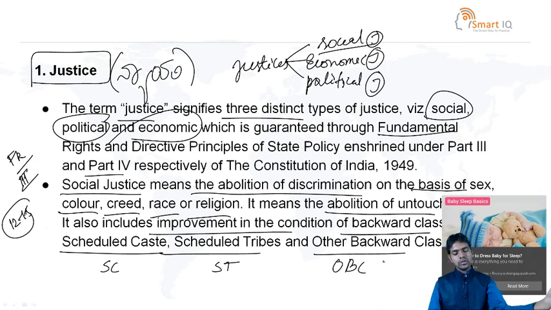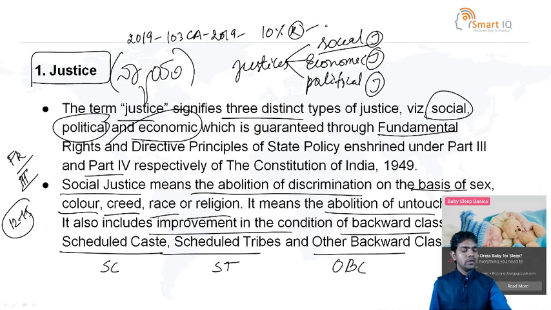Recently, you know, in the Modi government in 2019, the 103rd Constitution Amendment Act, 2019, provided a 10% reservation for the economically backward classes in public employment and education.